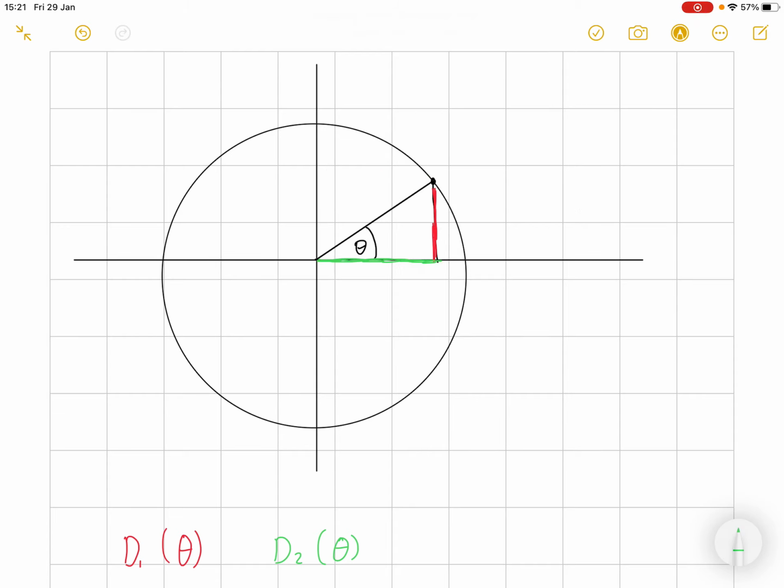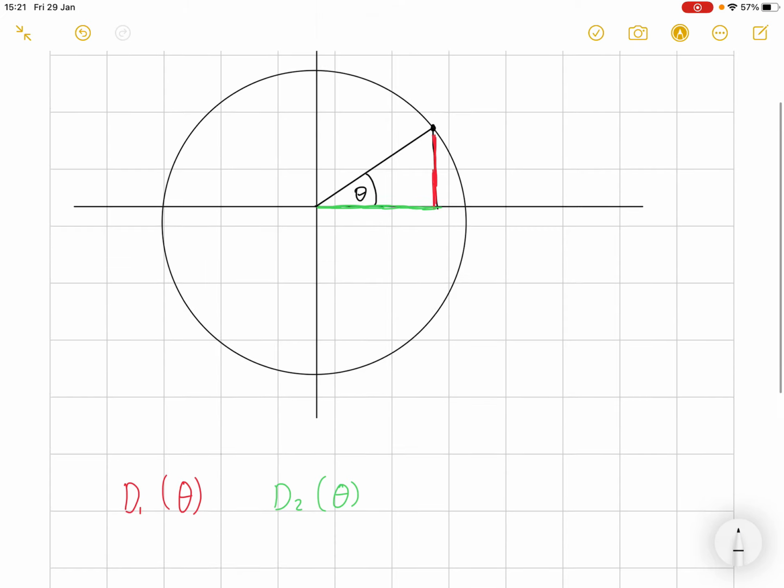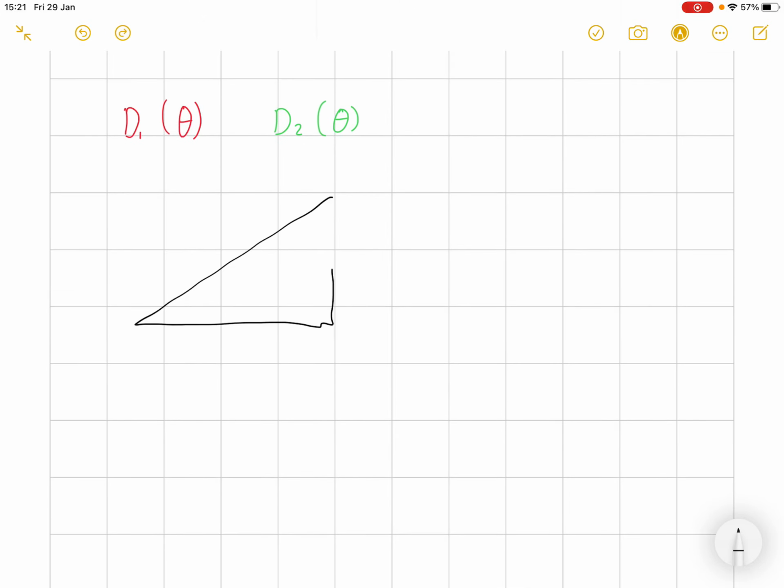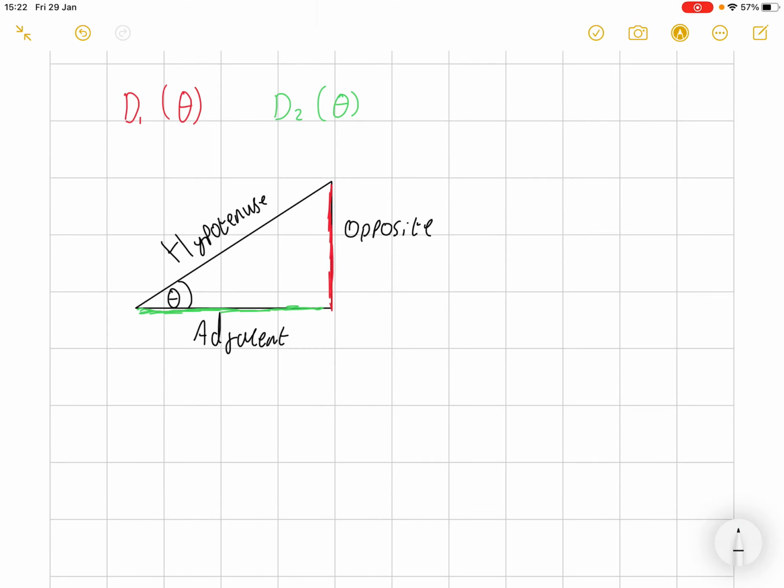And as you can see, what we have now is a triangle. Now thankfully, we can start using a little bit that we know about triangles and annotate our triangle up here. We have our hypotenuse, our opposite, and our adjacent. And then we can start marking on some variables.